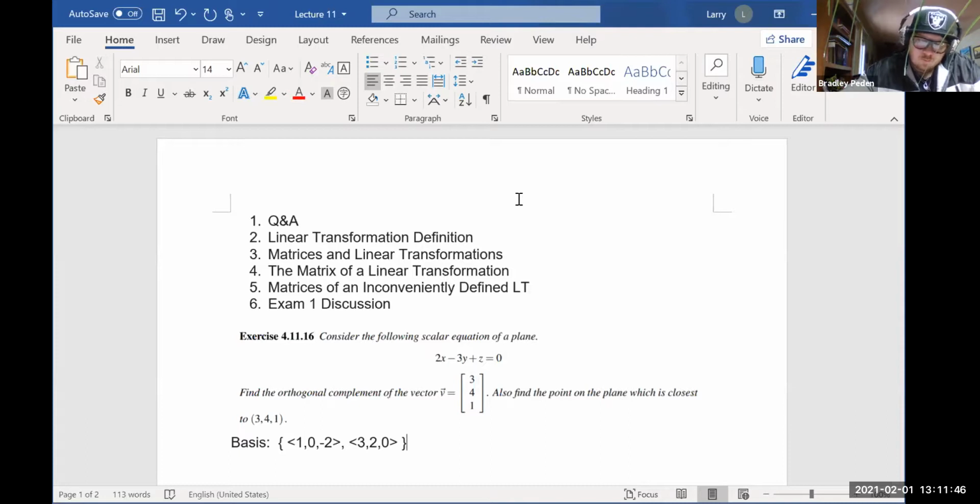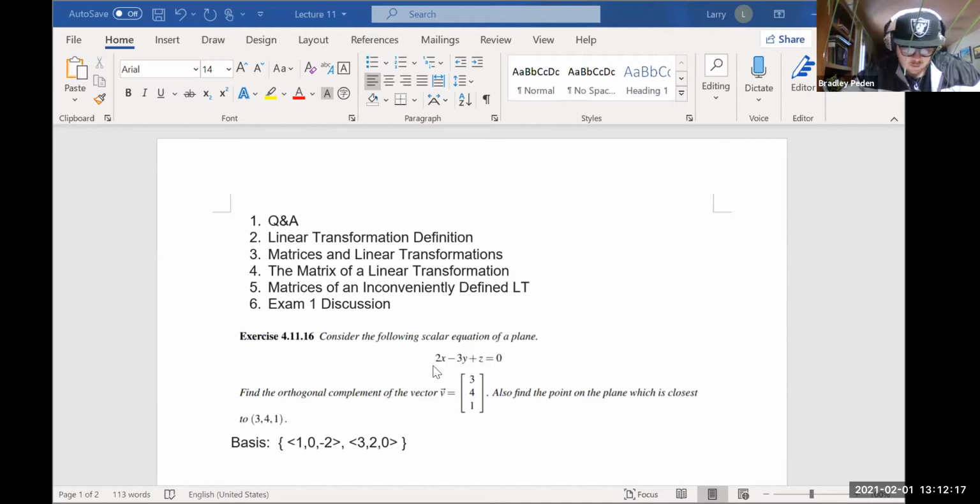Okay. So next, we now have a basis. So how do we find the orthogonal complement of the vector (3, 4, 1) to the subspace with basis (1, 0, -2), (3, 2, 0)? And notice this really is a basis because these are not multiples of each other. And we know also a plane has dimension 2.